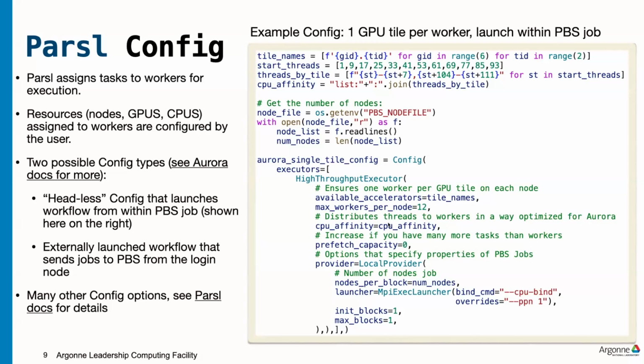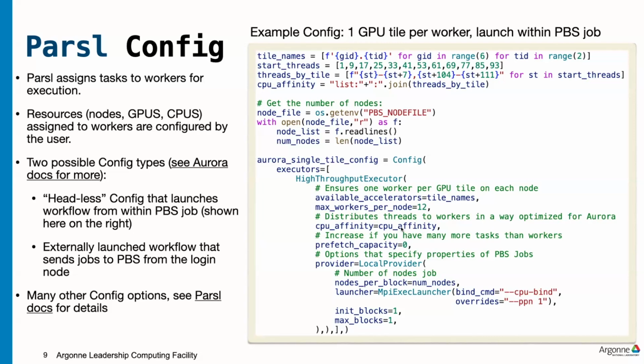We can then also give it a rule for how to assign CPU threads to each worker. There are optimal bindings of CPU threads to GPUs, so we construct an object here, the CPU affinity, that encodes that mapping.